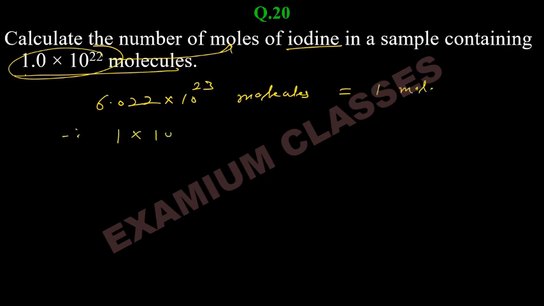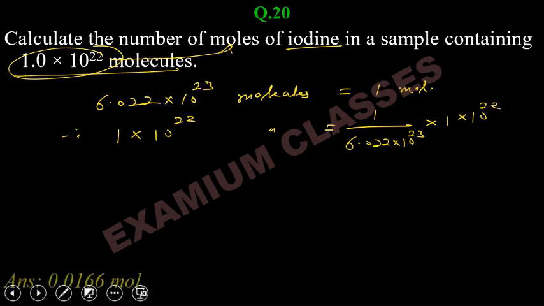Hence, 1 into 10 power 22 molecules will represent 1 by 6.022 into 10 power 23 moles. Once you simplify, you will get 0.0166 moles. Okay. Simple conversion from molecules to moles.